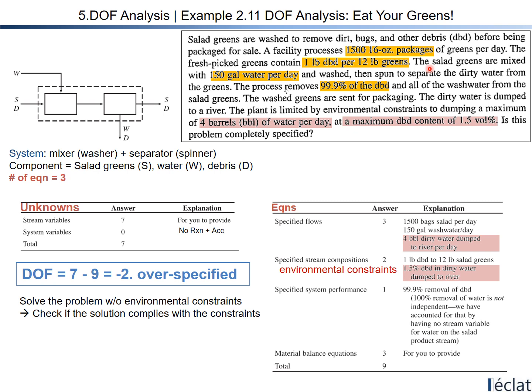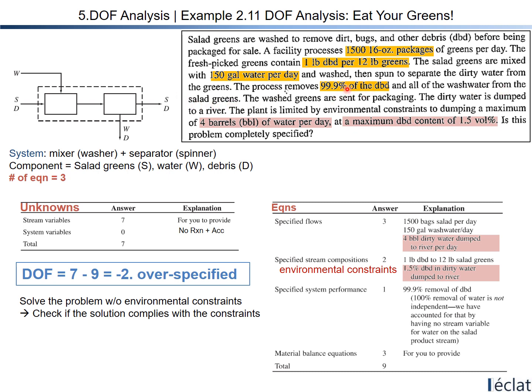The salad greens are mixed with 150 gallon water per day and washed. Another basis. Then spun to separate the dirt water from the greens. The process removes 99.9% of the debris and all of the wash water from the salad greens.